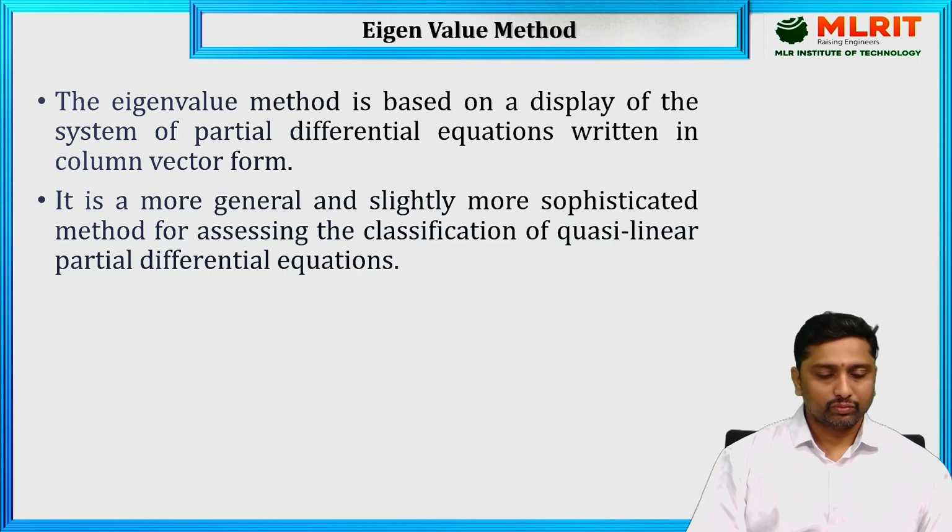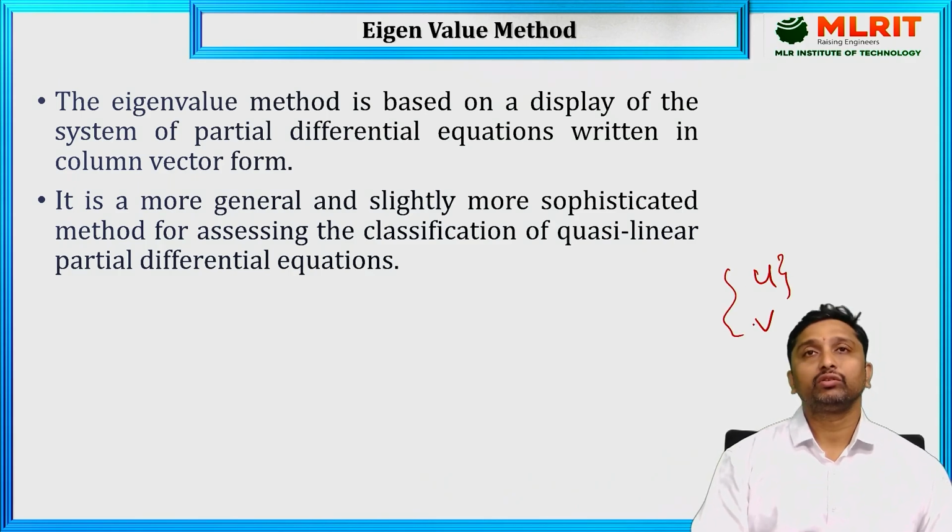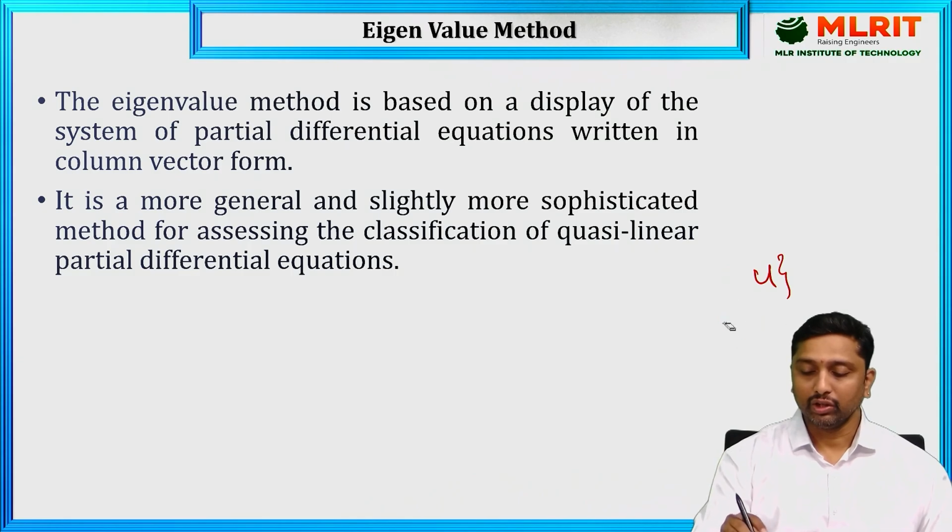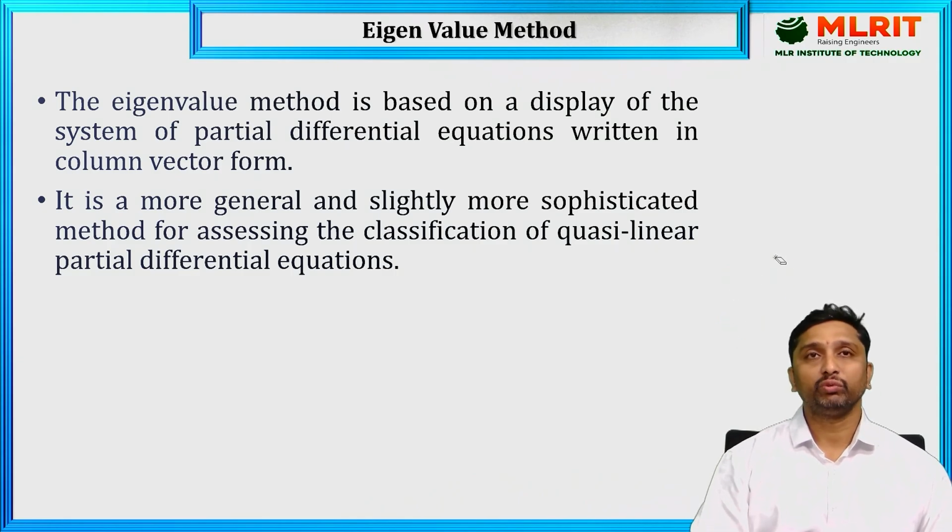We apply this to determine the nature of the governing or quasi-linear equation without utilizing the variable vectors like u and v that we used in the earlier session. So in this we are not going to require additional vectors or additional equations to be defined. We rely purely on the quasi-linear equations.